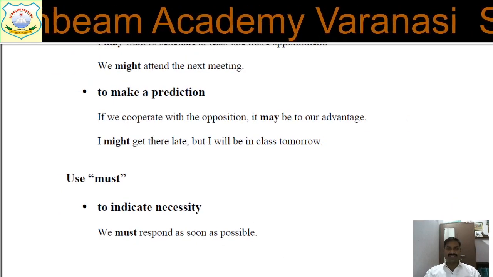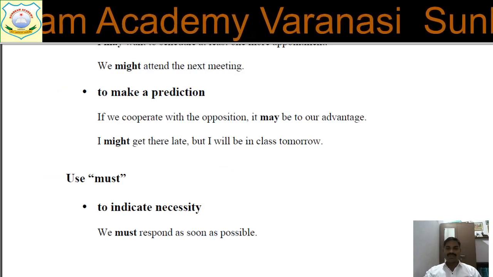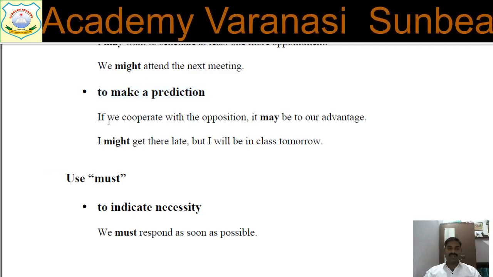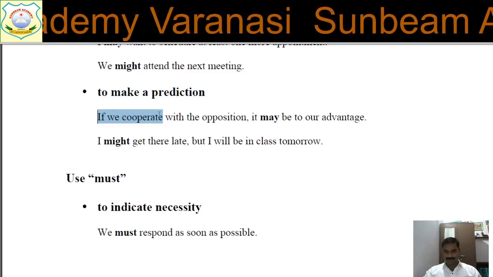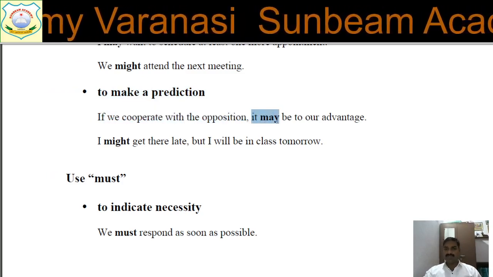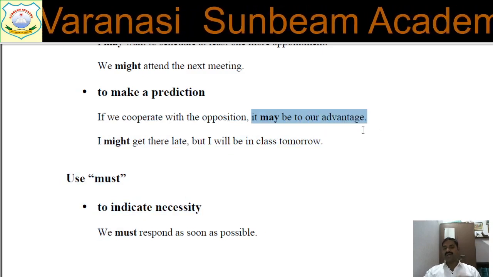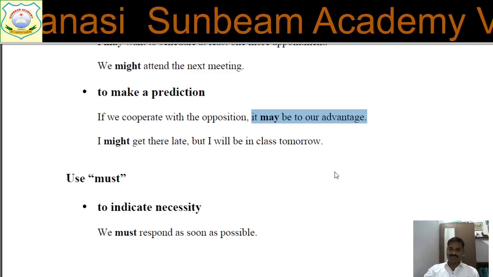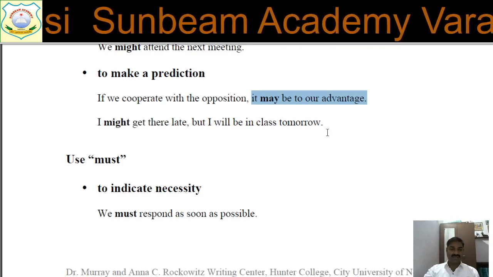Next is prediction. Children, next is prediction. If you want to predict, what do you do? If we cooperate with the opposition, it may be to our advantage. It means if we do, there are chances that it may happen, that we may be at an advantage.